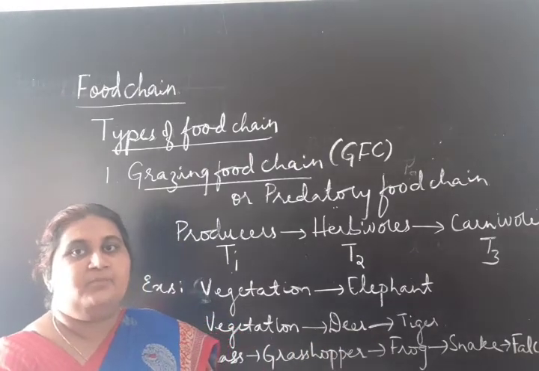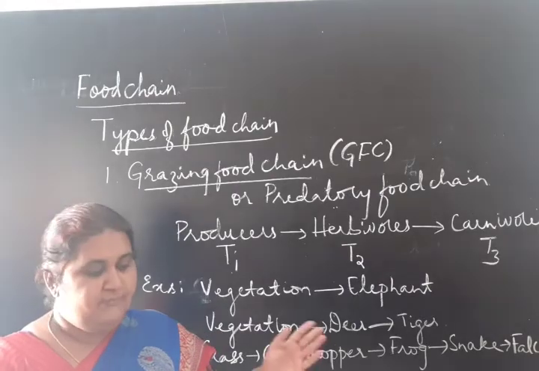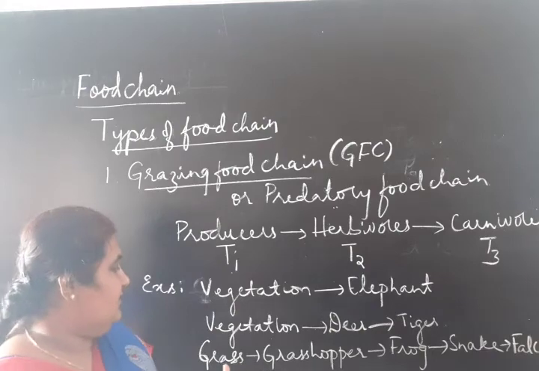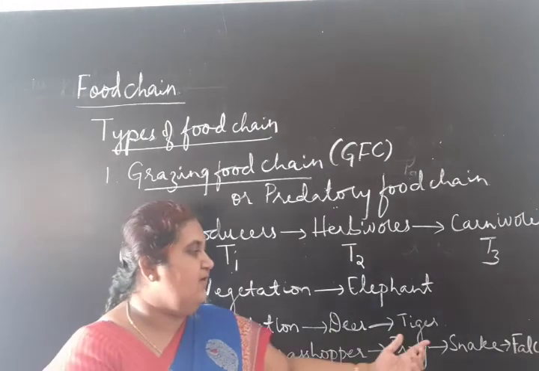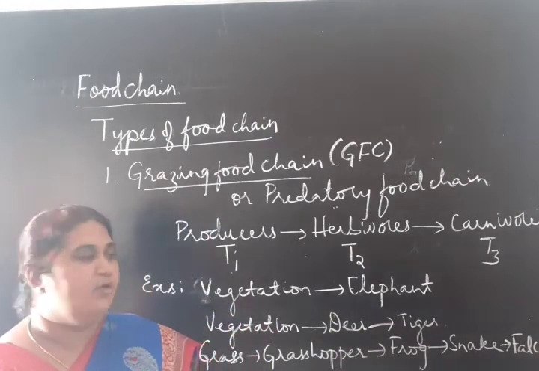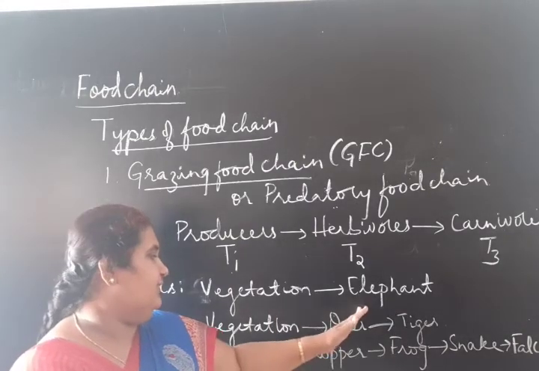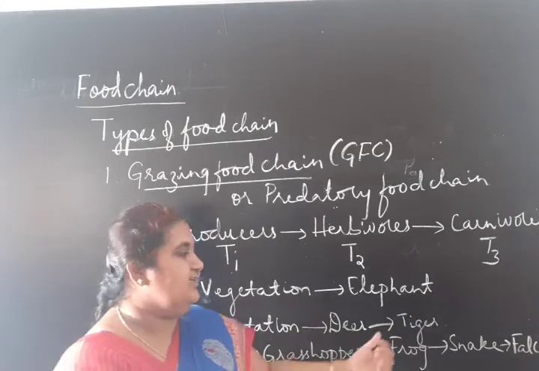Vegetation, rabbit, fox, wolf, tiger, that is one. Grass, grasshopper, frog, snake, falcon, a common one you all know. Or two-step: vegetation, elephant; vegetation, deer, tiger.